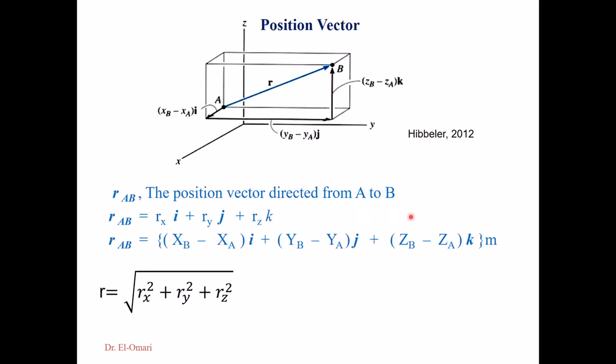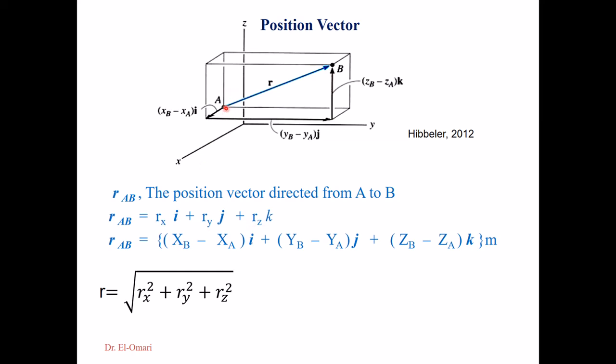So finally, using the position vector to represent the force in Cartesian vector form. A position vector is a vector that connects two points in space in 3D. This position vector, always given the symbol r, connects the points A to B. The position vector is represented by an Rx component, Ry component, and Rz component.